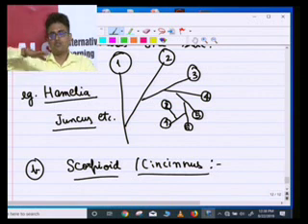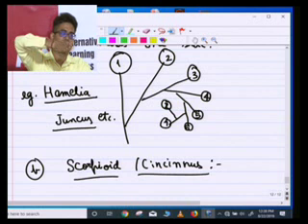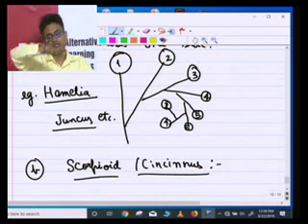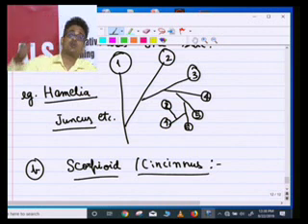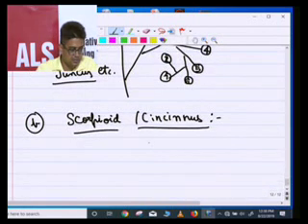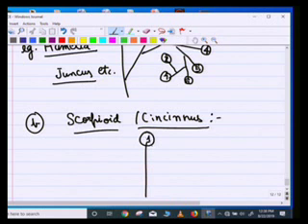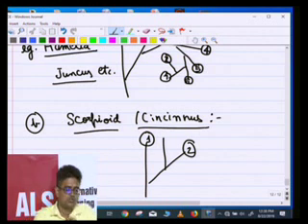So when scorpions walk, they take a step like this, and a step like this. It's an alternate pattern, a bit towards this side and a bit towards this side. This is also what this inflorescence looks like. I'll explain. First flower, second flower, third flower is now not towards this side, it is towards the opposite side.